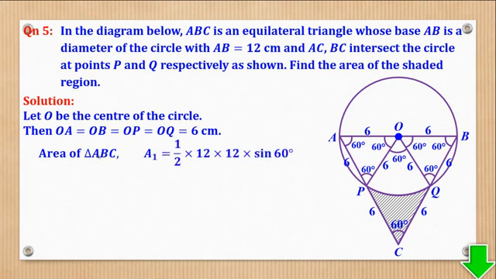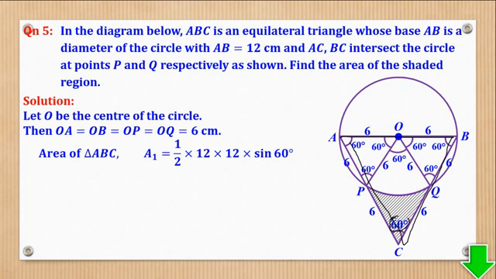Area of triangle ABC. I'm going to first get the area of the whole triangle. It will be a half. Now this formula, I think we saw it in the training in the second term holiday: if a triangle has an angle and two sides enclosing that angle, you can easily get its area.